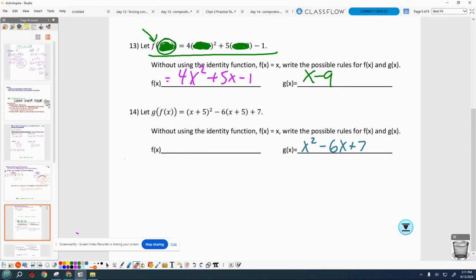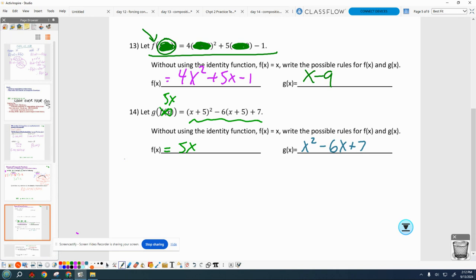If f of x was 5x, g has to be some crazy business. How am I gonna plug 5x in for some consistent thing in there and have this stuff pop out?